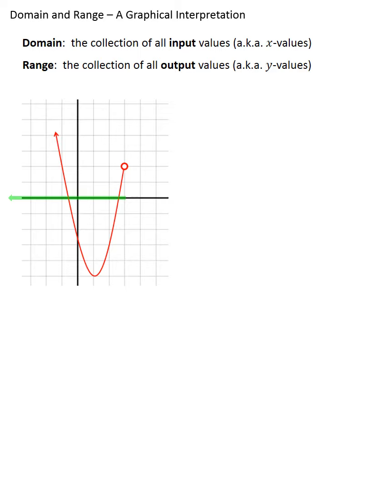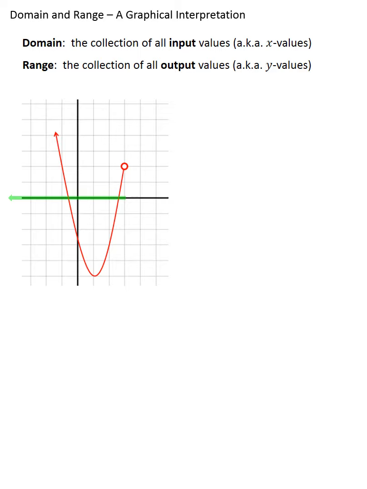So in some sense, that shaded arrow represents the domain of this function. In other words, any number in there is a possible input. Well, that shaded region goes from -infinity on the x-axis all the way up to 3, but not including 3.